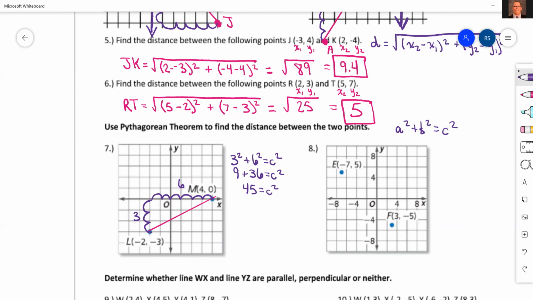And then I have to take the square root, and let's see, the square root of 45 is approximately 6.7. So LM is 6.7.